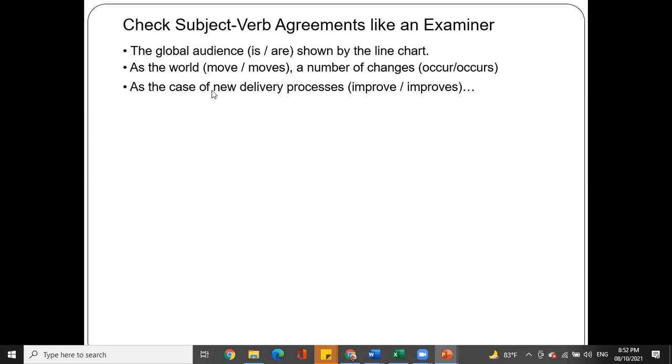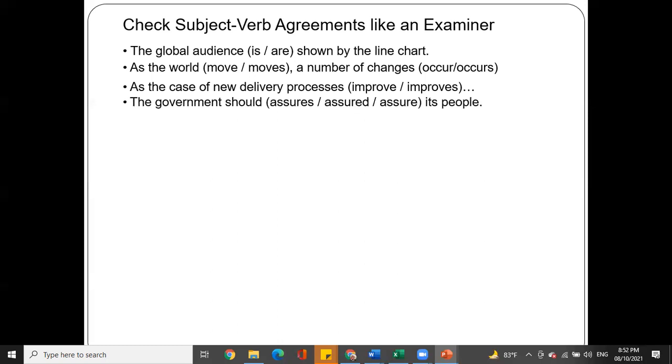Guys, when you see a preposition like this, that is what you call a prepositional phrase, so you can delete that and it still doesn't affect the syntax. The subject is the case. It's an it, so improves. As the case of new delivery processes improves.